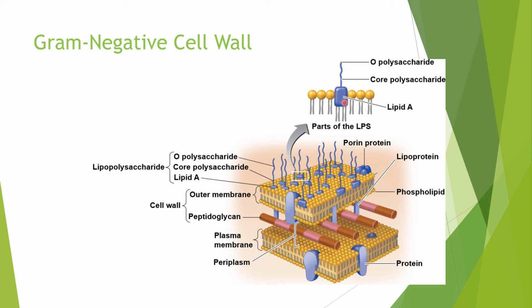And so that lipid A is definitely responsible for a lot of the symptoms associated with getting infected by a gram-negative. Because again, as the host immune cells are trying to protect the host, they're going to do their best trying to kill that gram-negative bacteria.